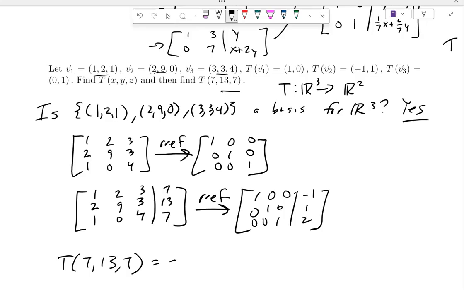Well, that is, yeah, it'll be the negative 1 times the transformation applied to v1, right? Plus the transformation applied to v2 plus 2 times the transformation applied to v3, right? We agree?